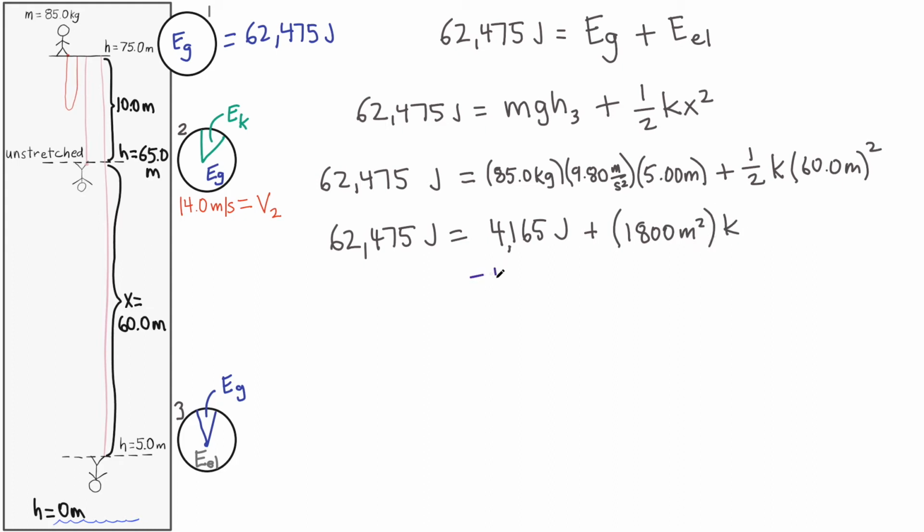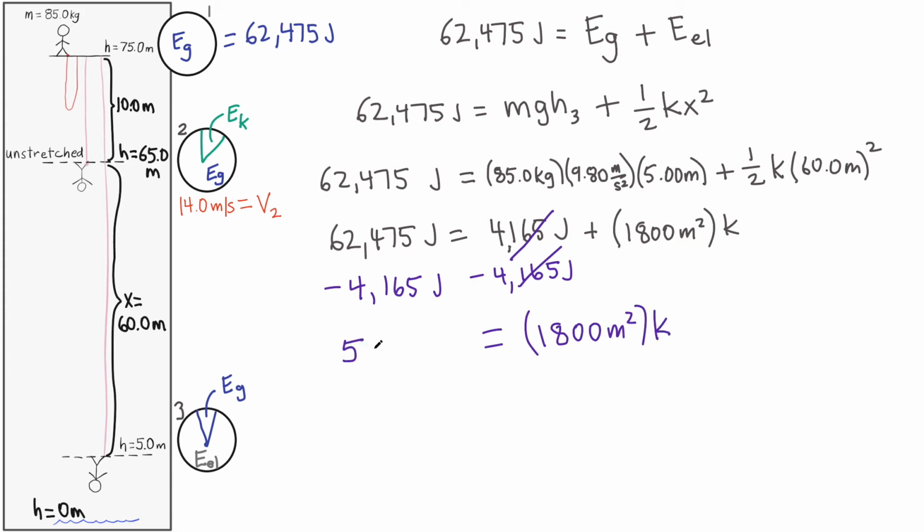So I need to subtract 4,165 joules from both sides of the equation. This goes to 0. And we're left with 58,310 joules on this side of the equation.